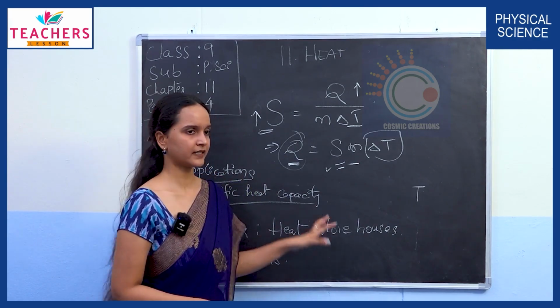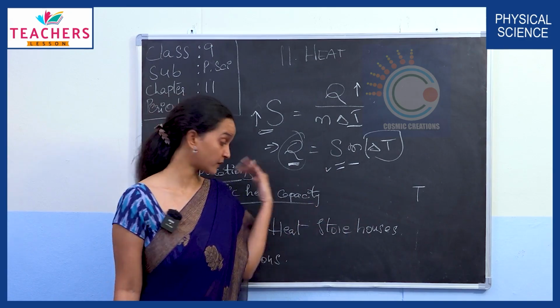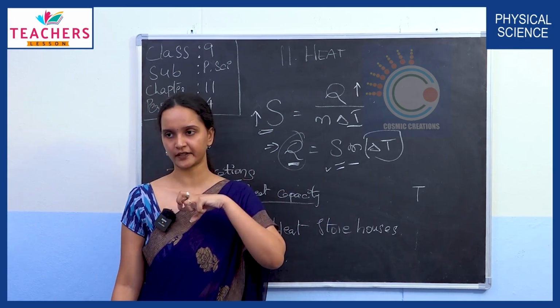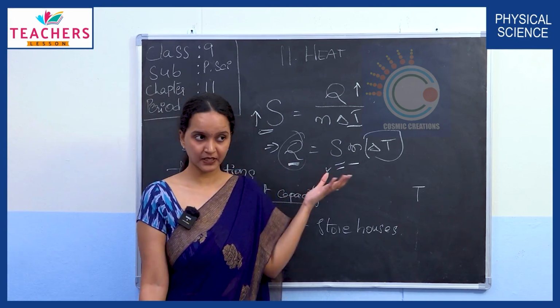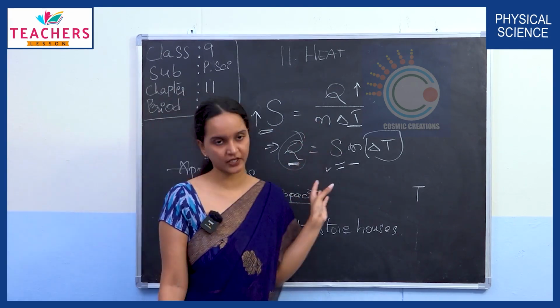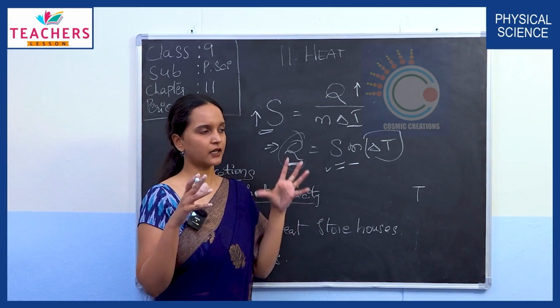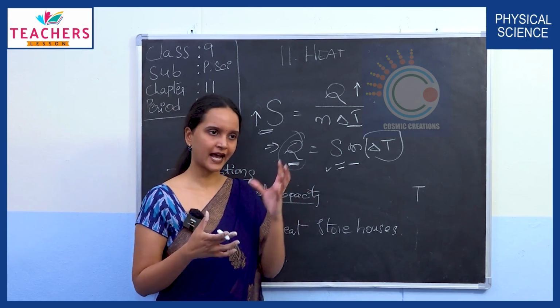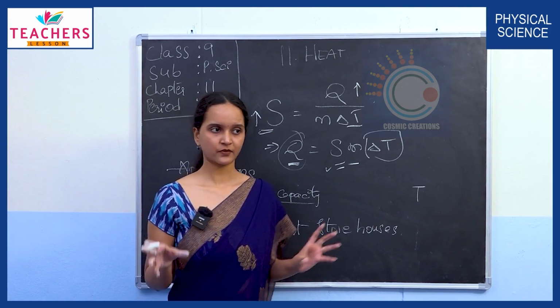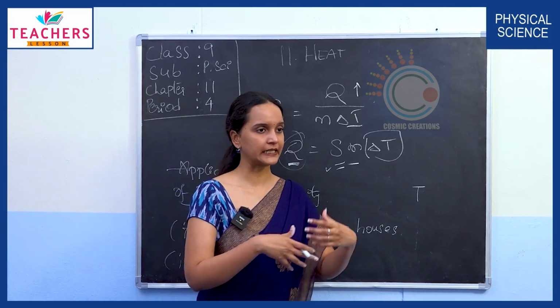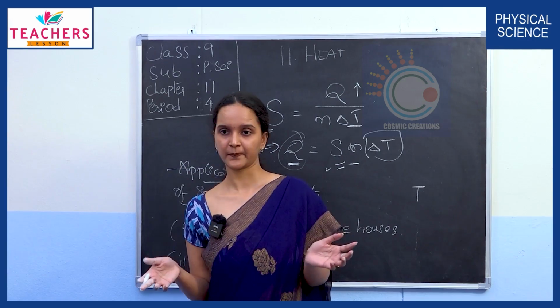Because watermelon contains a large percentage of water, and water has high specific heat. That means the change in temperature is not rapid. It has a very slow rate of change of temperature, right? And that's why watermelons retain coldness for a longer time.